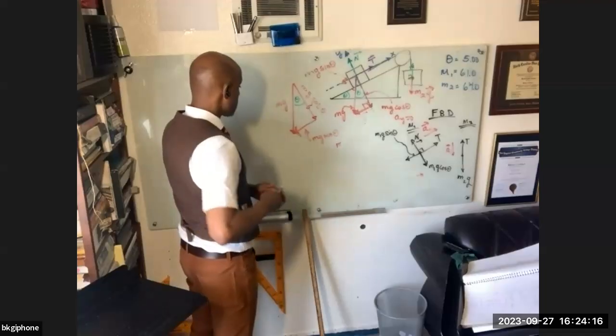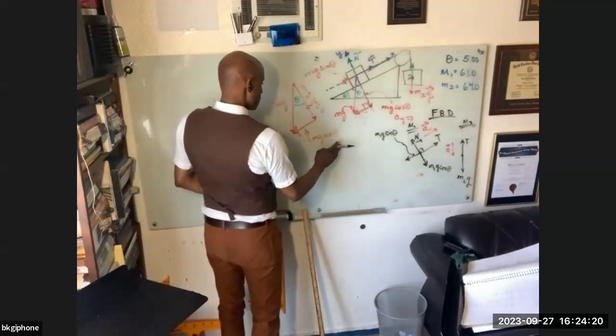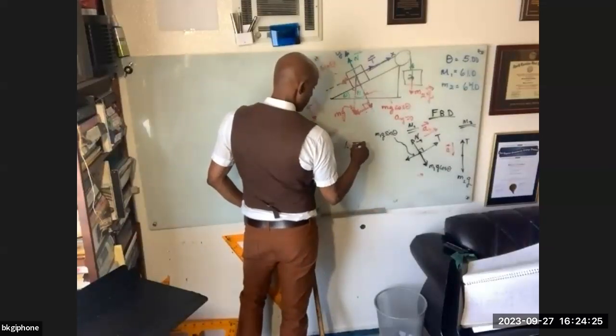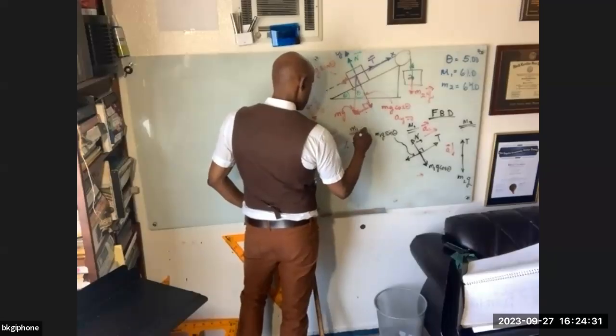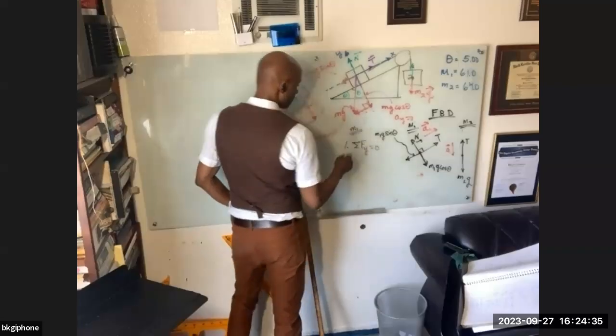Yeah, y direction. I'll do that over here, just to save some space. So equation 1. The next one is in the y direction, this is for M1. Net force in the y direction equals 0 for M1.